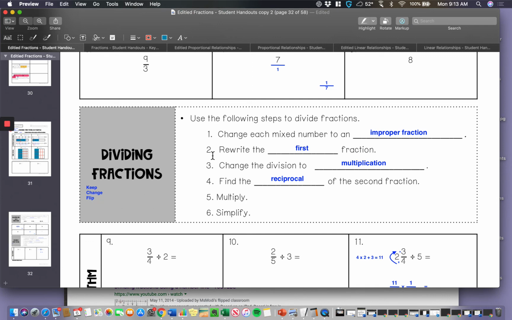So keep, change, flip. Number 2 is like saying keep, number 3 is like saying change, and number 4 is like saying flip.